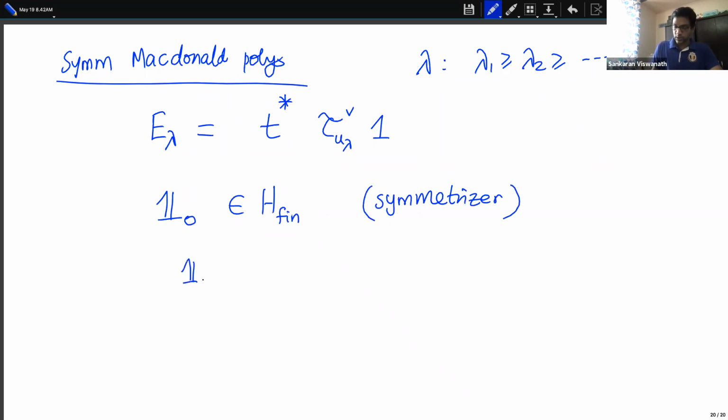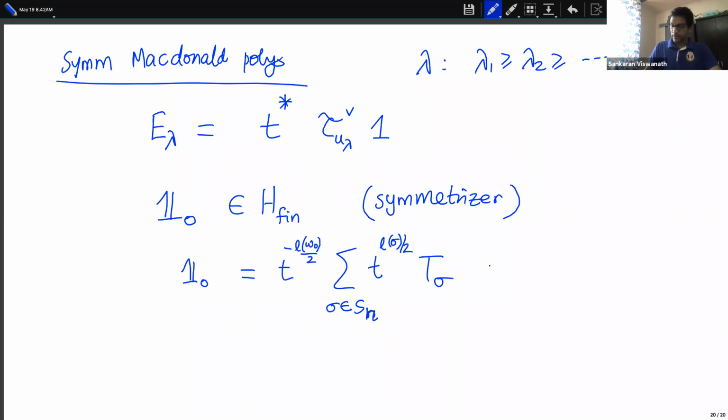This is the symmetric idempotent, or call it the symmetrizer, defined as follows. It's the sum over all elements of the finite S_n, generated by T1, T2, up to T_{n-1}. Then you can put a normalizing constant in front, I think t to the minus length of the longest element by 2.